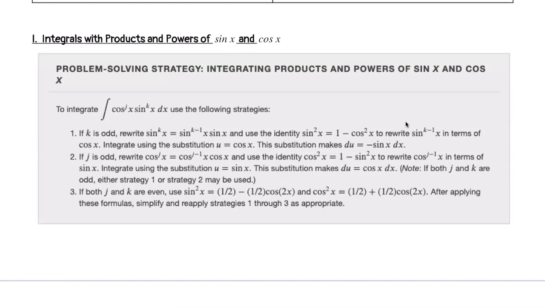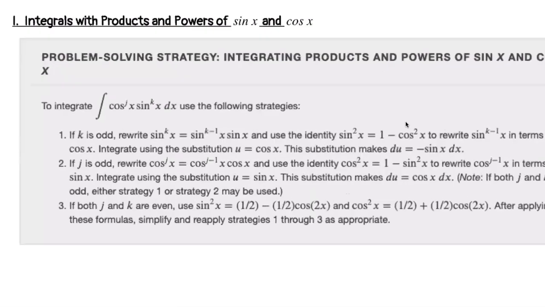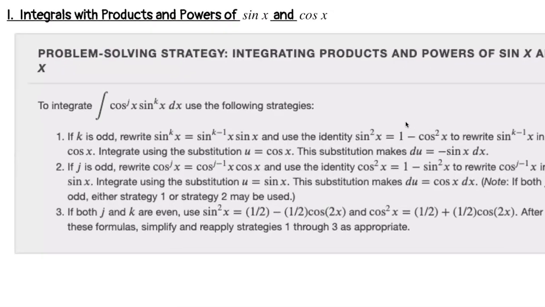So for example, if we look at these problem-solving strategies, integrating products and powers of sine x and cosine x, we're looking at things that have a form like this. The j's and k's just represent potential powers for cosine and sine.